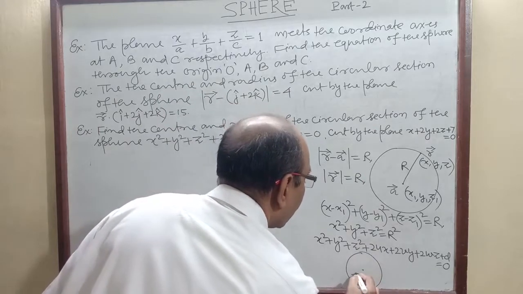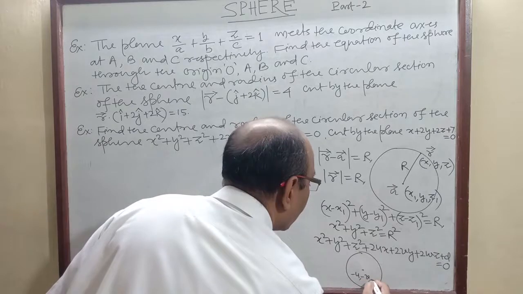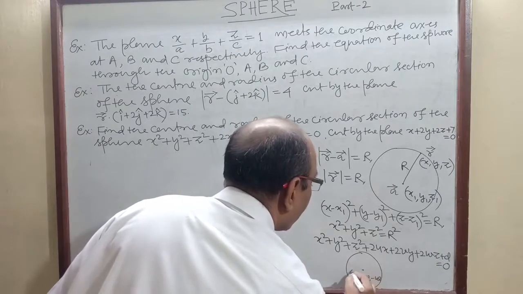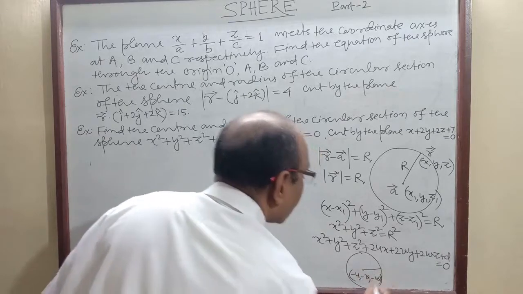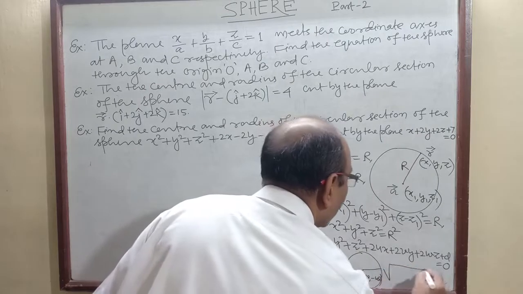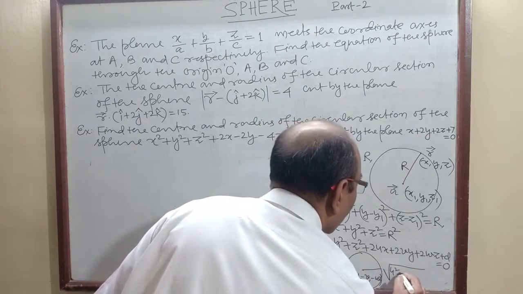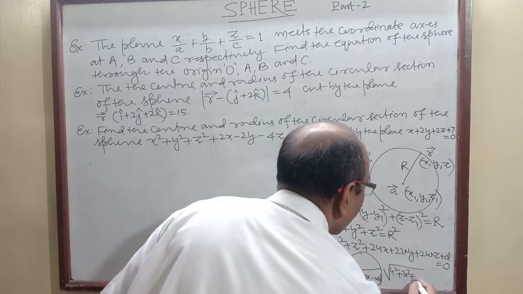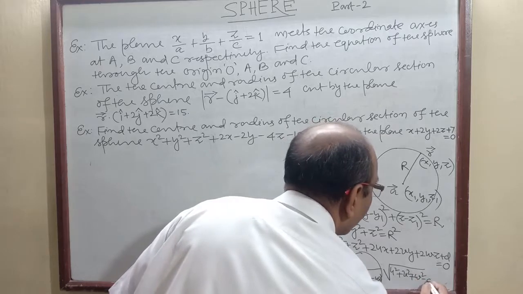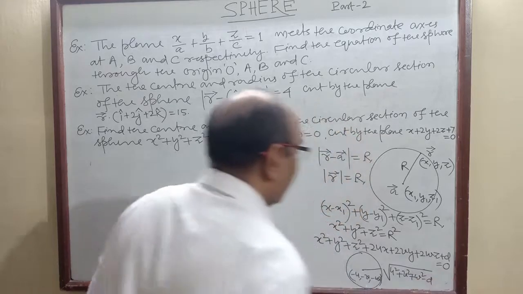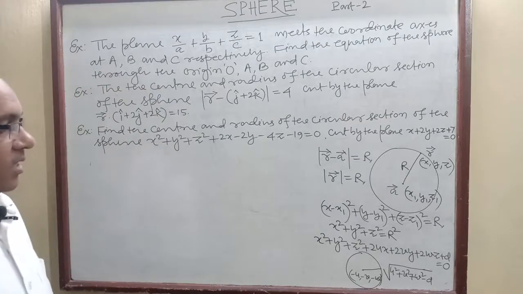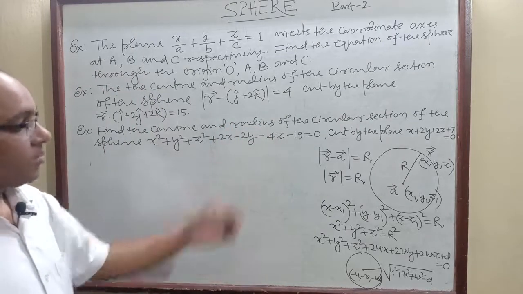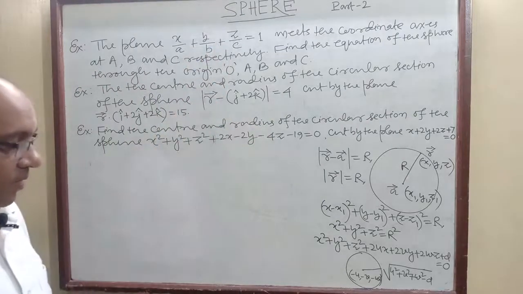Its center is (minus u, minus v, minus w) and its radius is given by root under u square plus v square plus w square minus d. We have discussed all these things in our previous video, part 1.